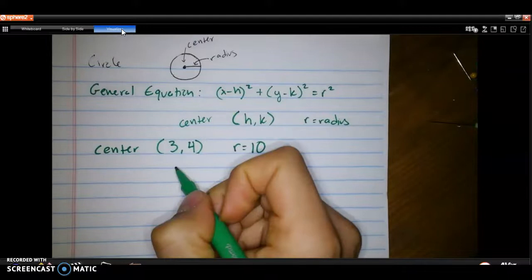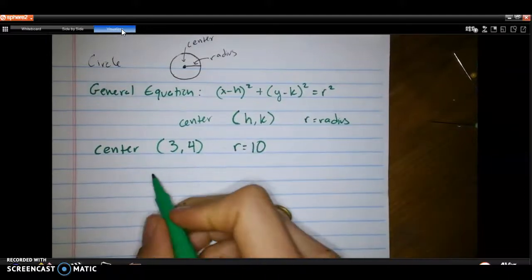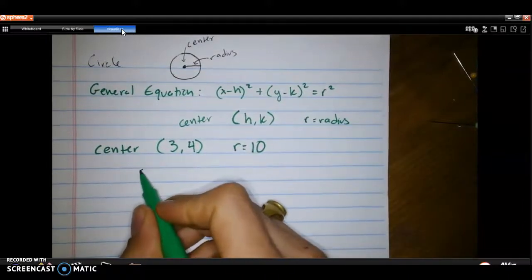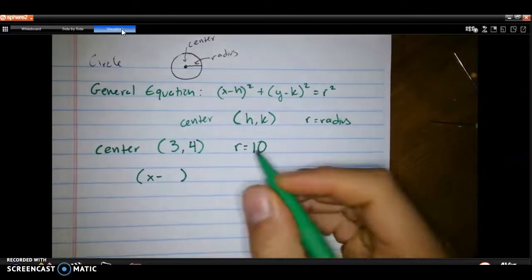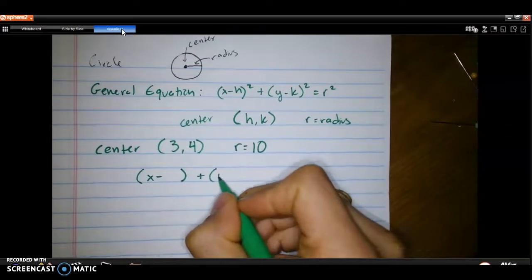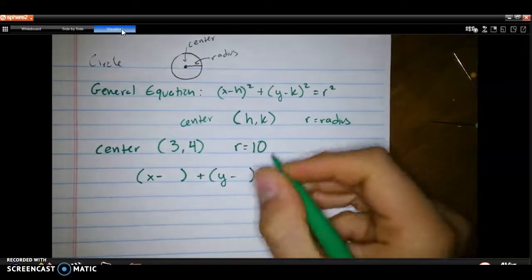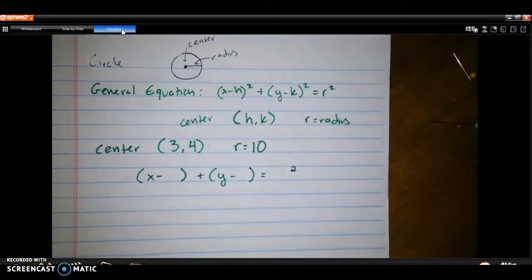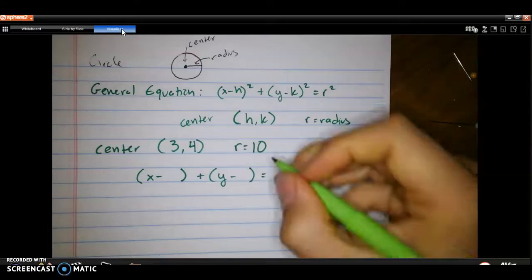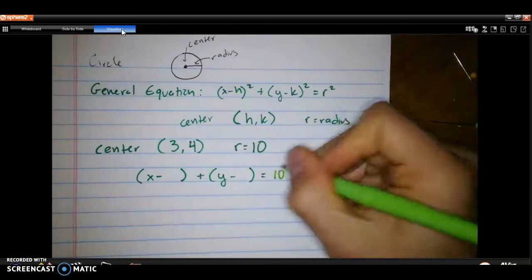I like to write out the equation in general first, and then fill it in. So I have x minus blank plus y minus blank equals blank squared. So let's start out with the radius. Very easy. That's 10, right? Boom.